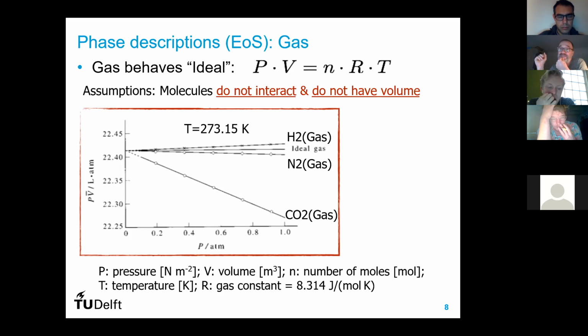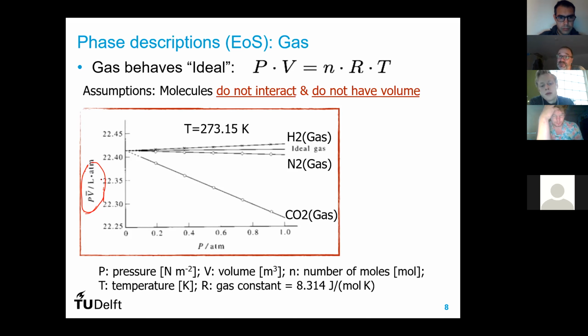So here you can see what's happening if you compare the difference between PV over L. This is your pressure-volume relation versus your pressure. You can see that whenever you change the atmospheric pressure, your volume is not changing too much for an ideal gas.